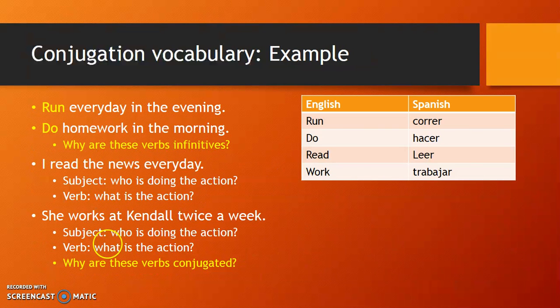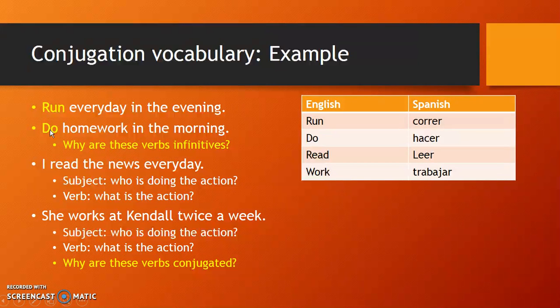Okay, so here's some quick examples of how I would use this vocabulary. So look at this. Run every day in the evening. Do homework in the morning. Why are these verbs infinitives? So you can see them in English here and in Spanish here. One of the reasons why these verbs are infinitives is because I do not know who is doing the action.